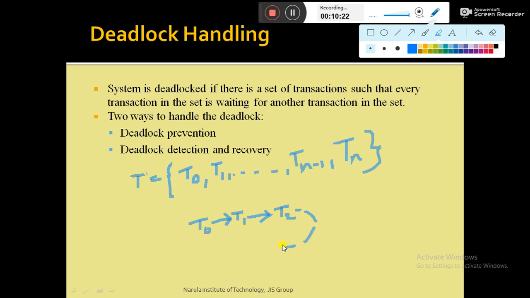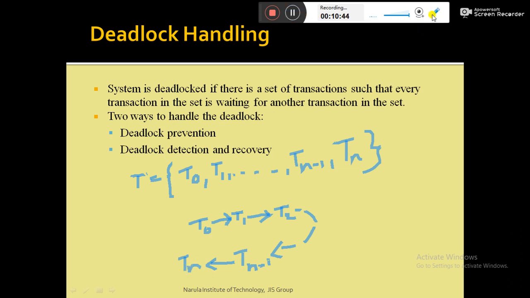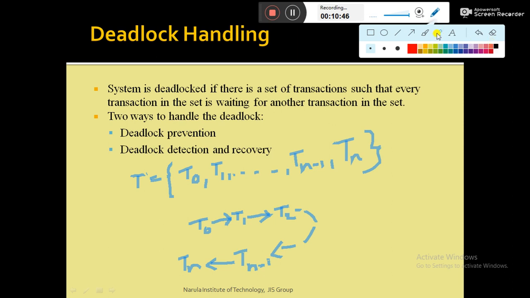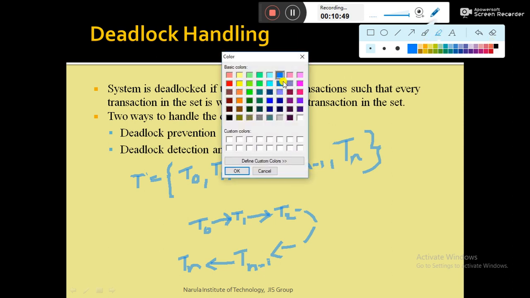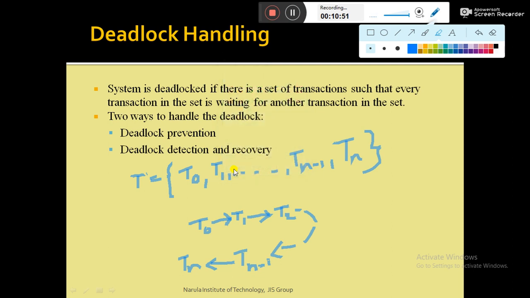Next, for example, transaction Tn minus 1 is waiting for a data item which is already held by transaction Tn, and Tn is the last transaction in the transaction set. So Tn will be waiting for a data item which is already held by the first transaction, T0.